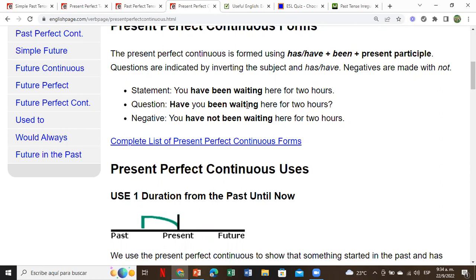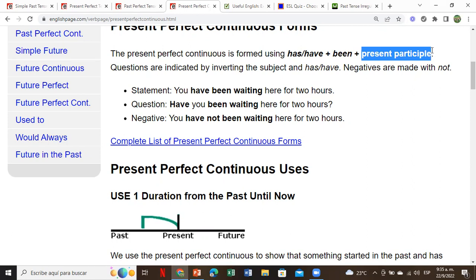Repito, presente perfecto. Se le llama presente perfecto porque tengo la auxiliar has o have, dependiendo como usted sabe del sujeto. Siempre el perfecto lleva been y se le llama continuous porque el verbo va en gerundio.